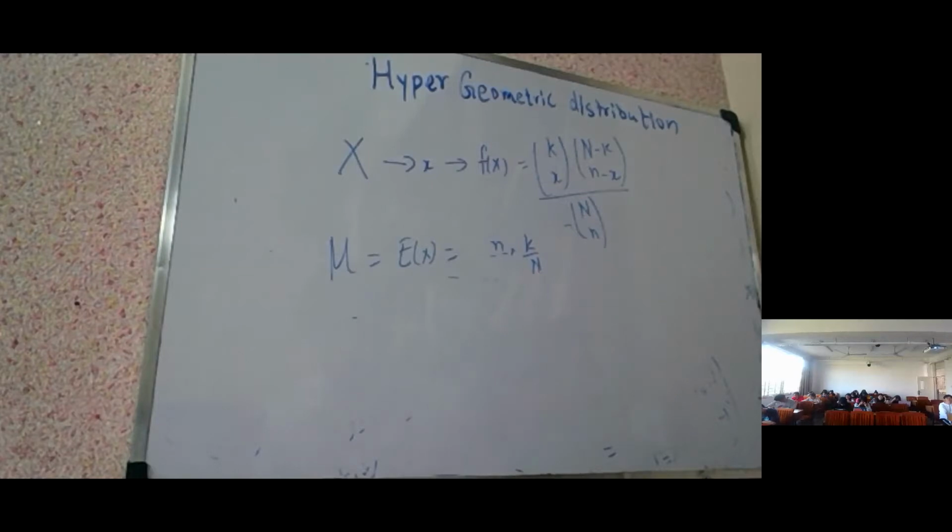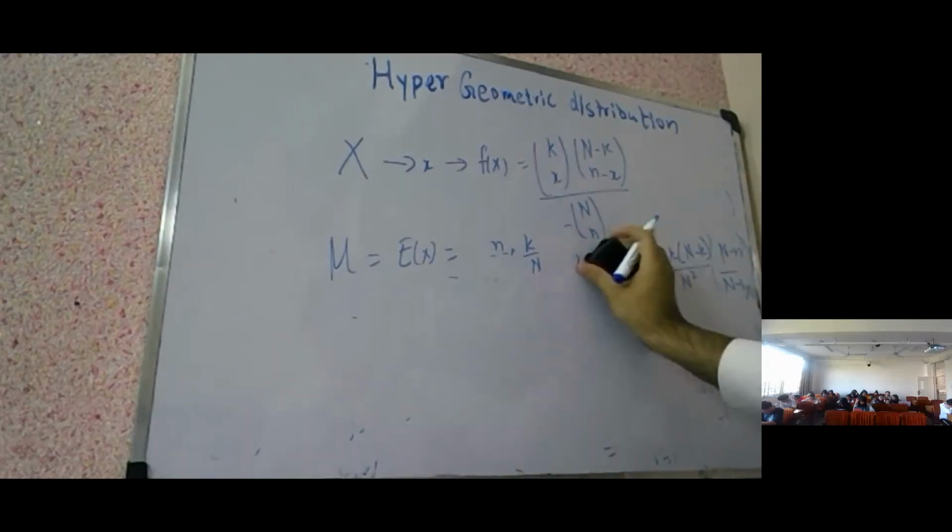In binomial, we have already learned that, let's talk later, but the variance in this, I'm not going to prove the variance. So variance can be denoted in hypergeometric as nk times n minus k upon n square, n minus n upon n minus 1. So remember this. Let me write it in a different way.